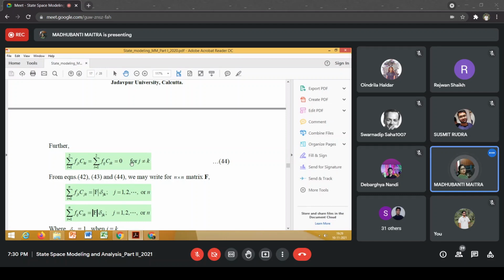So if you can establish this fact either for this expression or for this expression, then for the other one you'll be able to prove it.